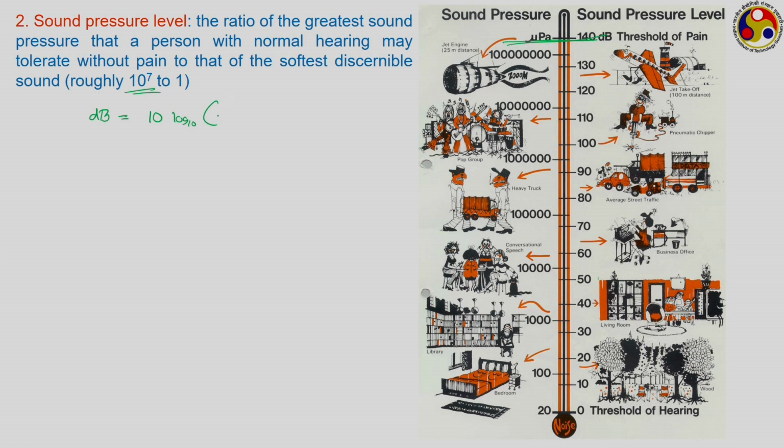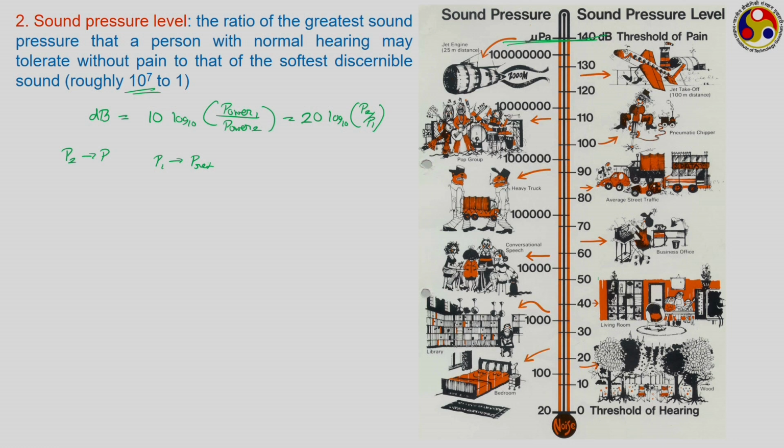So, if we stick to that notation, say this is power 1 and this is power 2, then power for a sound wave is proportional to the square of the corresponding sound pressure. Then this becomes 20 log 10 of P2 upon P1. Commonly, P2 is the sound pressure for which we are doing the measurement, and P1 is some kind of reference pressure based upon which we do the measurement.